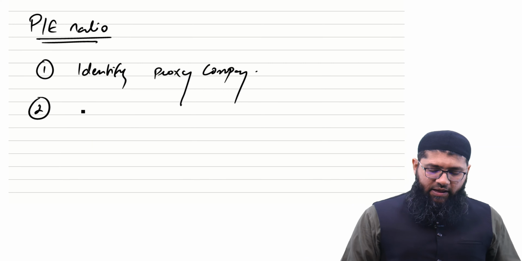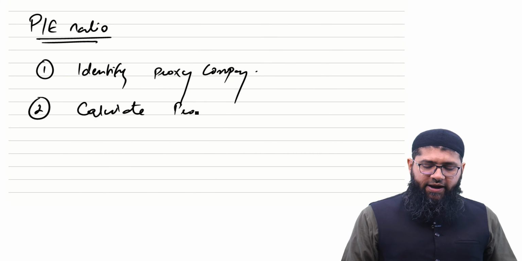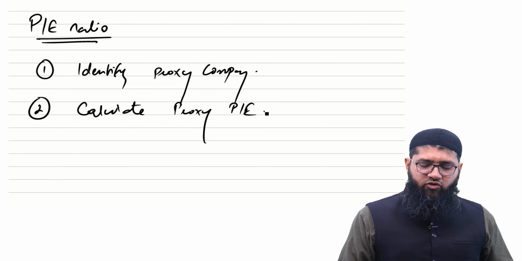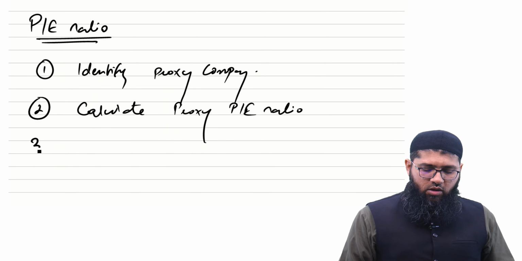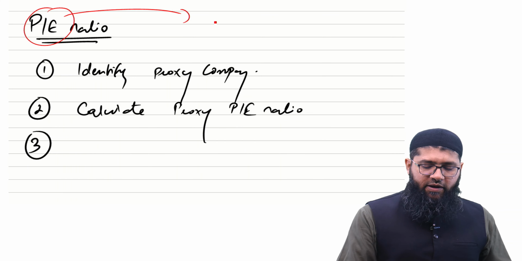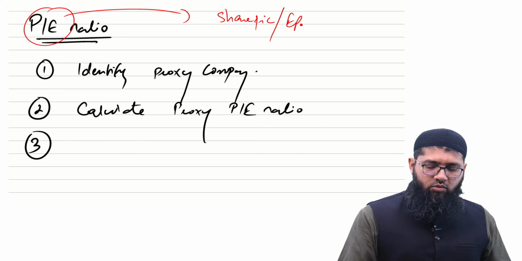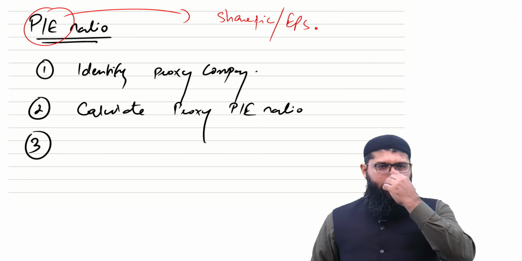So you identify the proxy company, and you calculate the proxy PE ratio. The PE ratio, I hope you know, is share price divided by EPS.